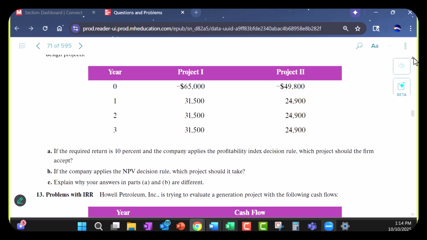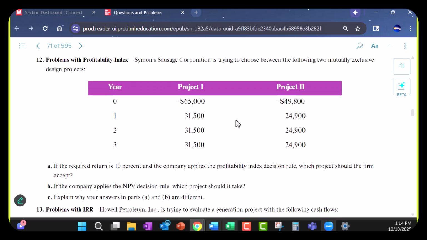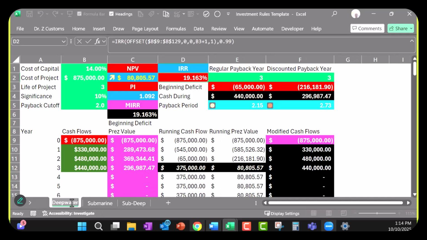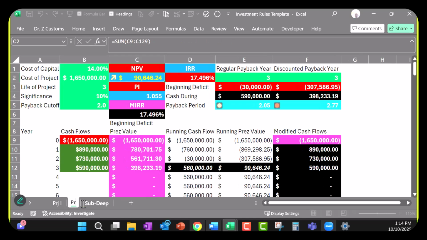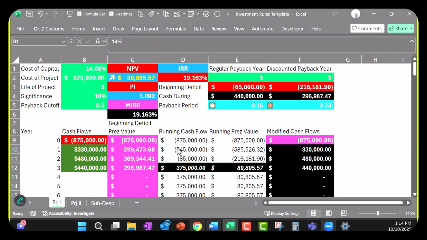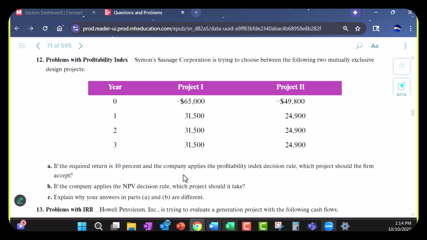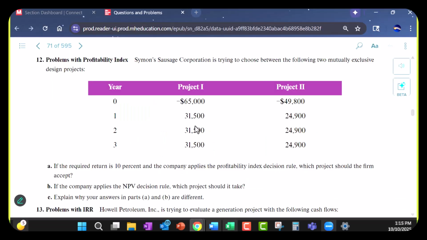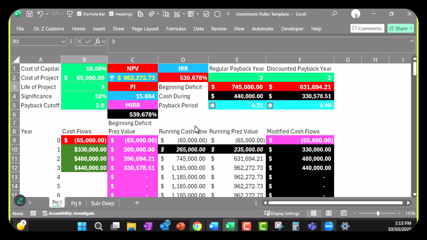This time, we're going to look at the issues with profitability index when projects are mutually exclusive. Again, I'm going to leave them as they are. So let's call this project 1. Required rate of return is 10%. 65,000 cost of project, 3 years.